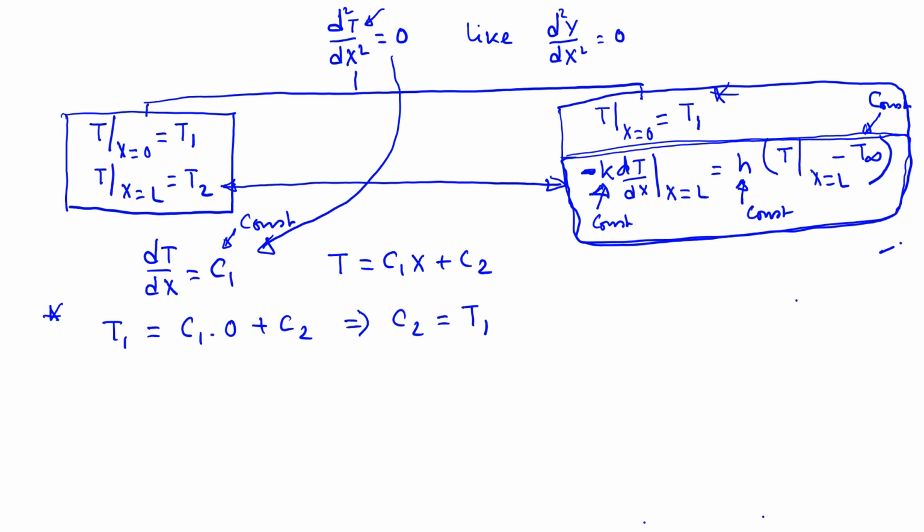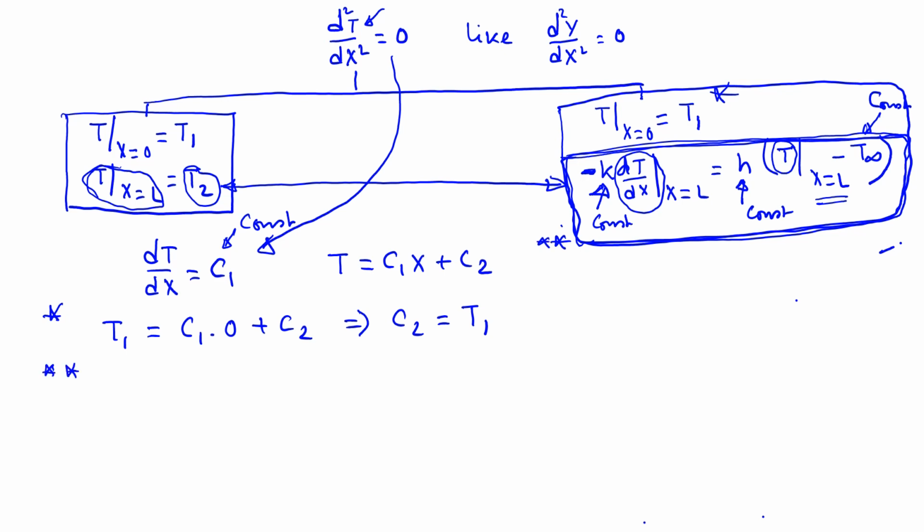Notice that this other one is a bit different. How is it different? Instead of the value of the function being given, here I have the derivative of the function. It's evaluated here, and that is equal to the function itself evaluated at x equal to L. So let's try to do this here. Let's put two asterisks here, so that's the second boundary condition.